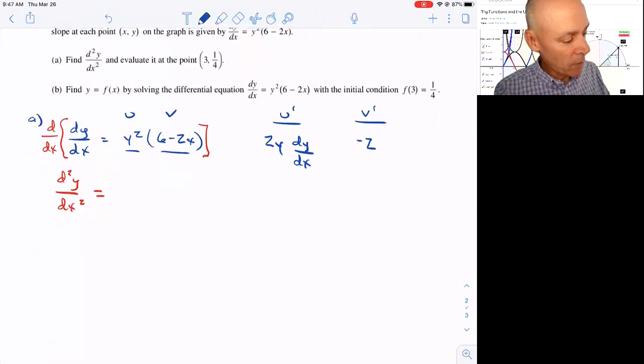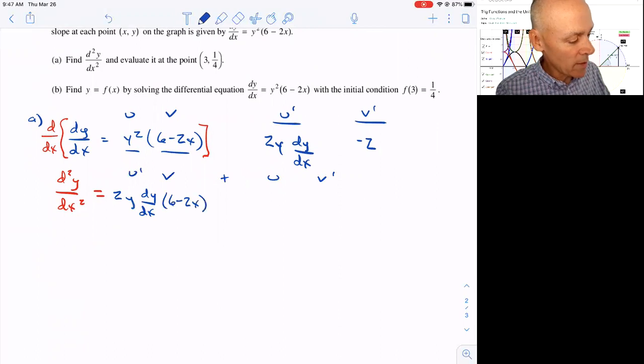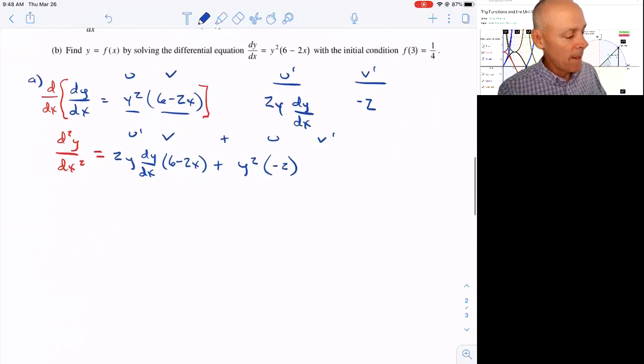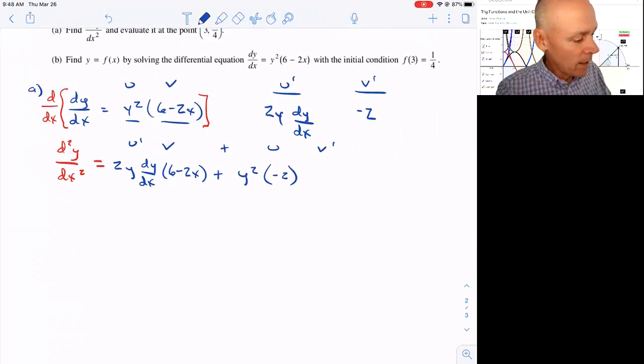Now, if I build the product rule, u prime v plus u v prime, and pull in the proper information, 2y dy/dx for u prime times v, the quantity 6 minus 2x, plus u, y squared, times v prime, which is -2. Okay. Now I see here that I have dy/dx as part of my second derivative.